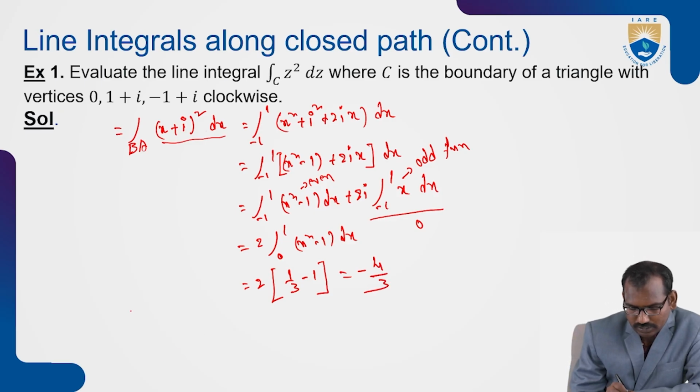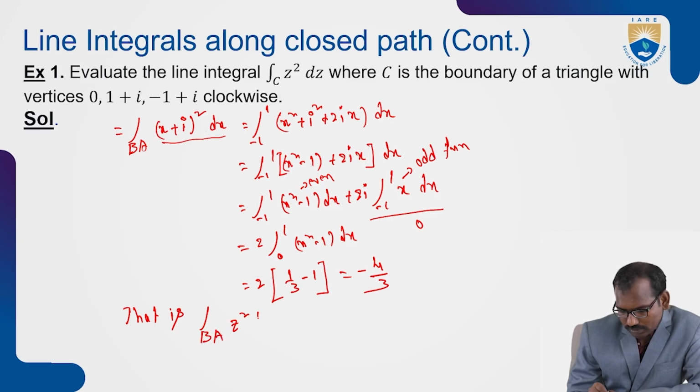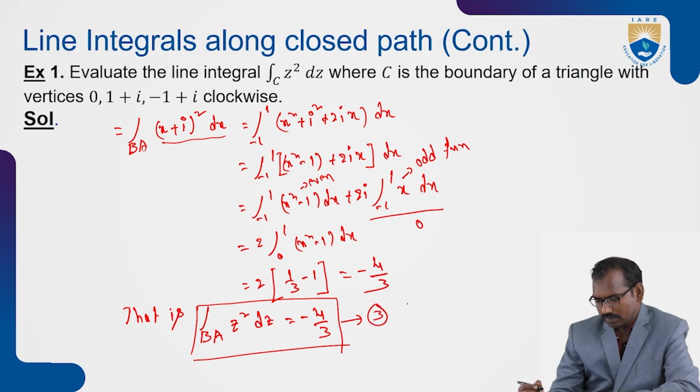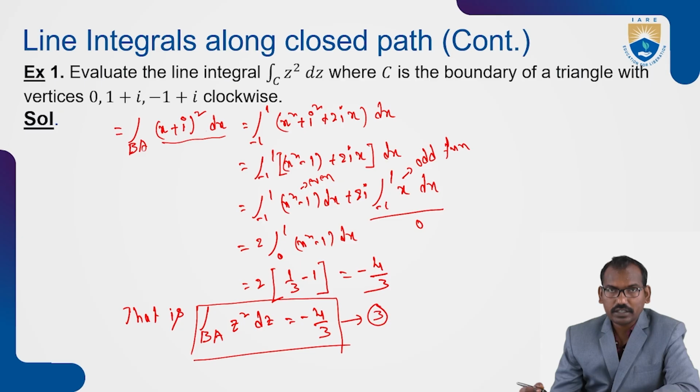So what is that, integration along BA of z square dz is minus 4 by 3. This is equation number 3. Previously we gave equation 2 and this is equation number 3.